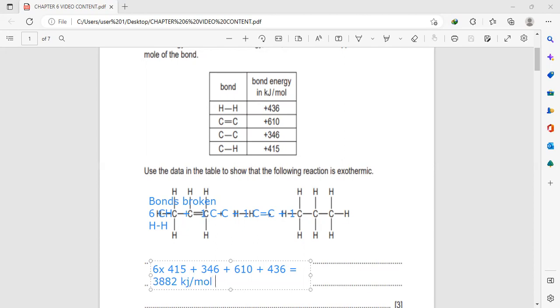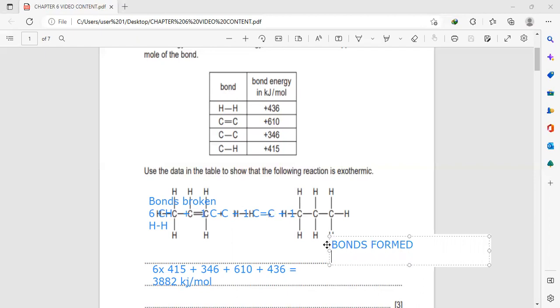Now we are going to check bonds formed. Look at the product side. How many C-H bonds are there? 1, 2, 3, 4, 5, 6, 7, 8. 8 C-H bonds, plus how many C-C bonds are there? 2 C-C bonds.